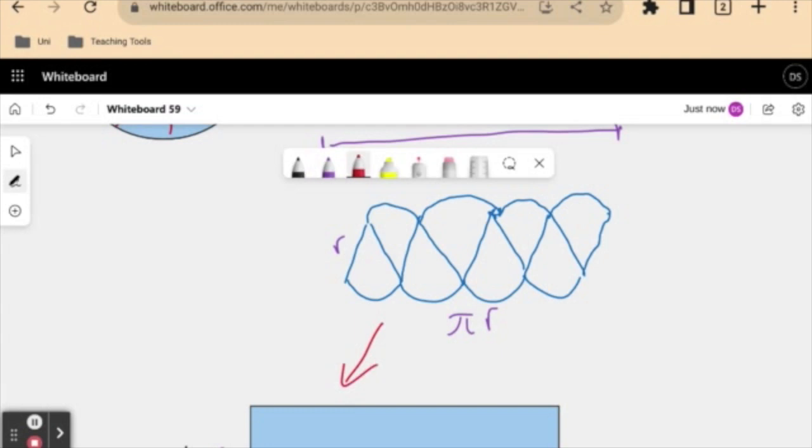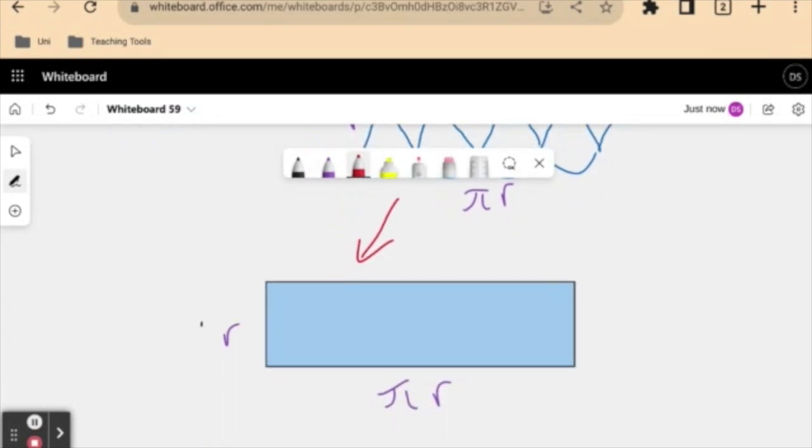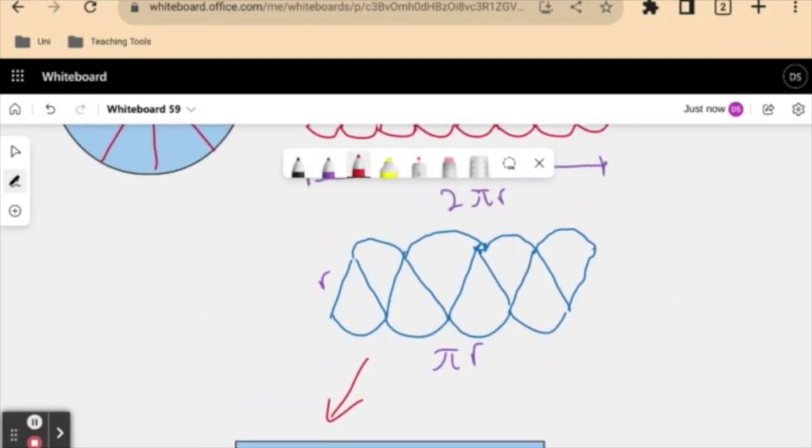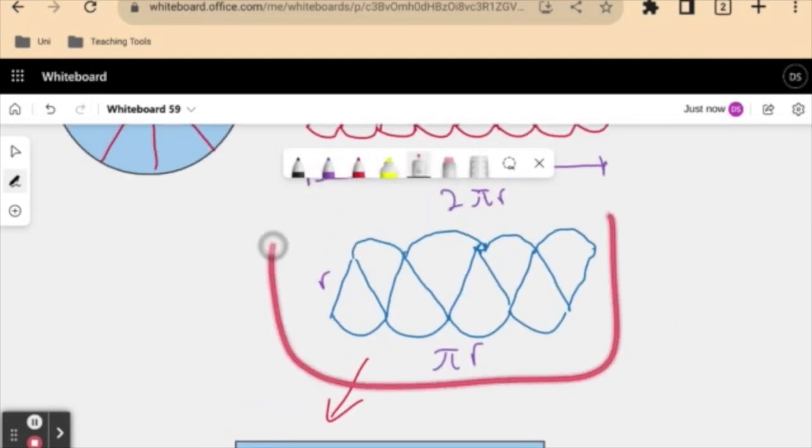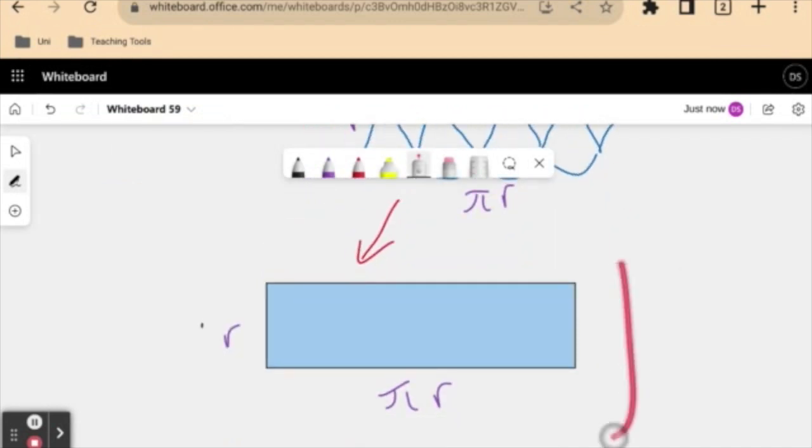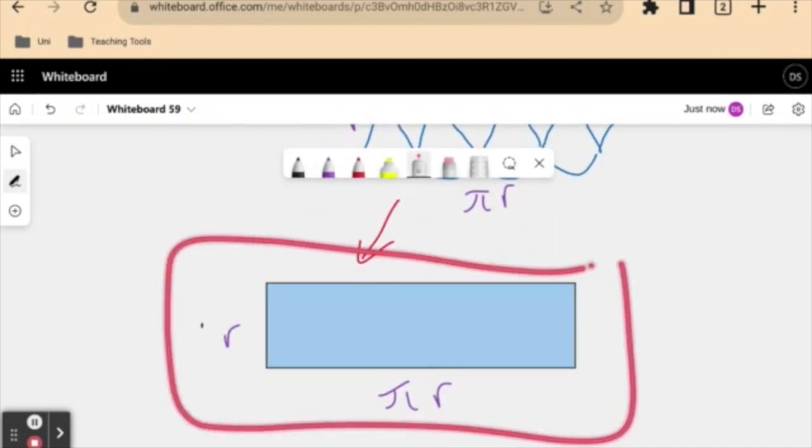By slicing this up into little pizza slices, this is a construct more than anything, but we have hypothetically constructed a rectangle by cutting this into small bits. So as the pizza slices tend to infinity, the shape of this tends to the shape of a rectangle.